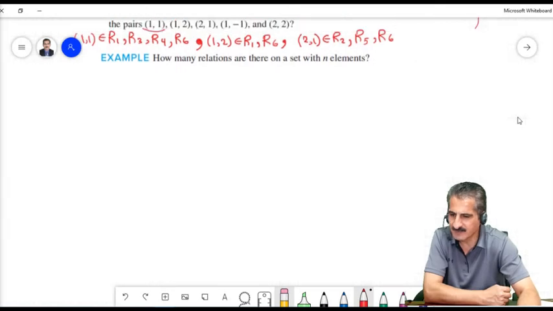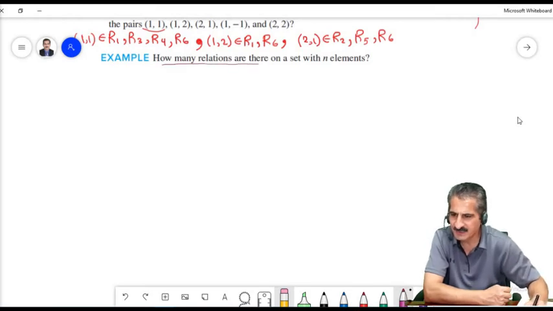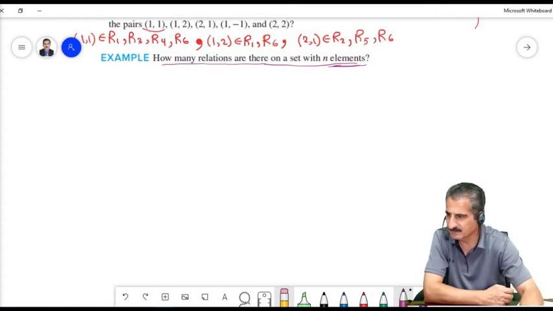Now a question here: how many relations can we define on a set with n elements? Okay, so can you answer that question?